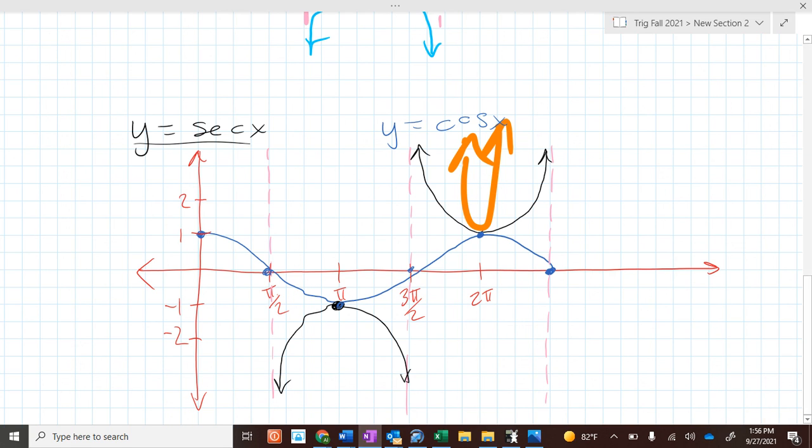What's wrong with that? Well, they're not that close to the asymptote. You've got to be at least a little bit close to the asymptote for me to give you full credit. You might know you go up or down, but you've got to get close. Okay? All right.